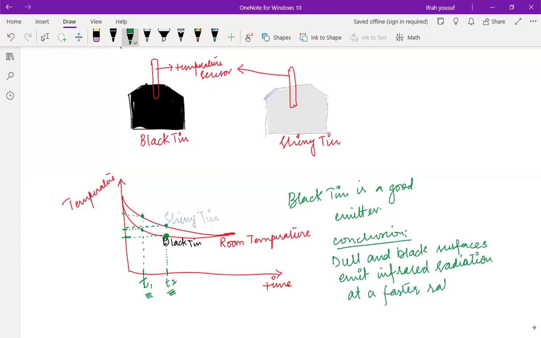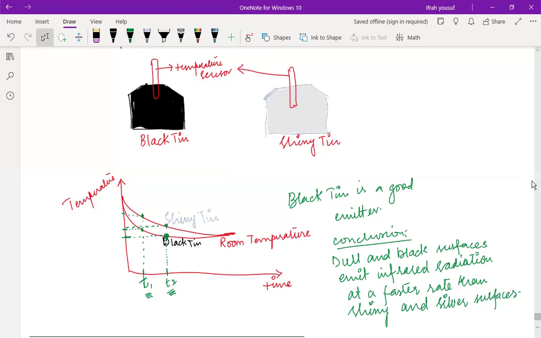Okay, then a shiny and silver surfaces. I hope this is clear to you, right?